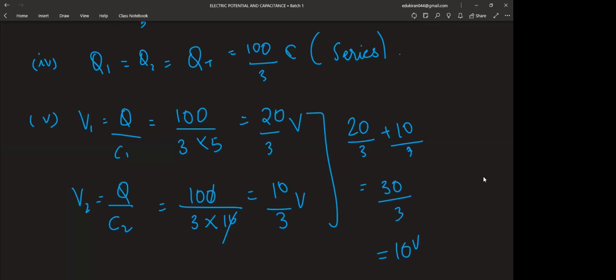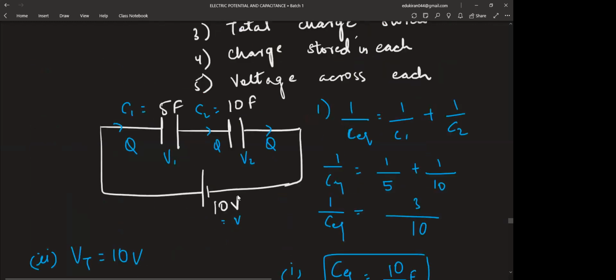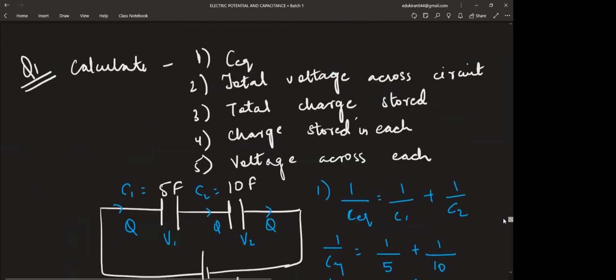And 10 volt was the total voltage. So the voltage divided as 20 by 3 in the first and 10 by 3 in the second, so as to get the total voltage as 10. All right, class, this is how you have to solve all the circuits. Write down the question. Some of you have not written the question. Write it.